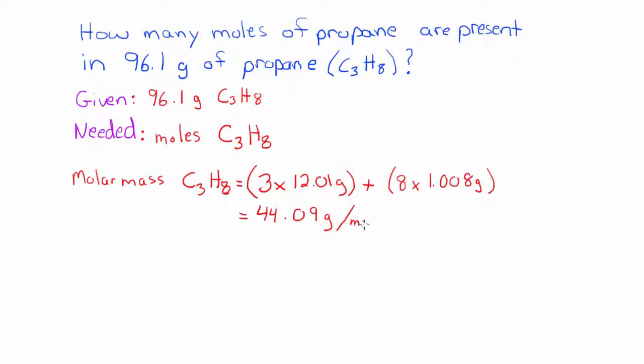So it's grams per mole of C3H8. And I don't need to write a 1 in front of the mole. That is just understood, but that means that 1 mole of propane weighs 44.09 grams. Okay, so you should pause here and make sure that you're getting the same answer as me.